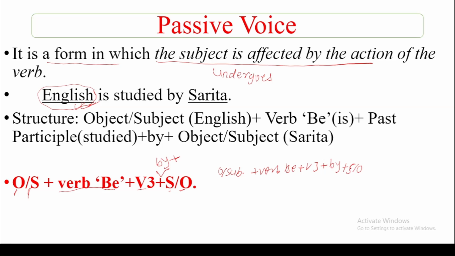The overall structure of the passive sentence is object as subject plus verb be plus V3 plus by plus subject as object. So this is the structure. We will discuss it more clearly in the next slide.